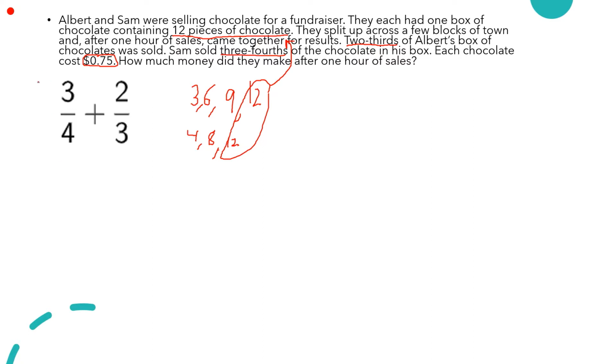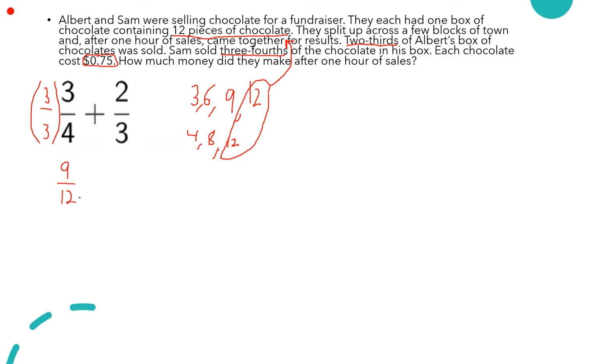So basically what we do now is we have to make this denominator 12, and we do that without changing the value of the fraction, by multiplying it by 1, or if we were to put that in a fraction, 3/3. So 3 times 3 is 9, and 3 times 4 is 12.